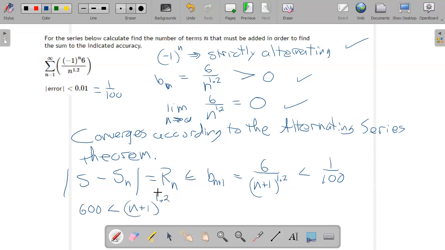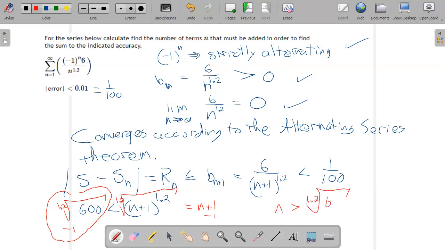If I take the 1.2th root of each side, then I have just n plus 1, and then I can subtract the 1 over to the other side. So n should be greater than the 1.2th root of 600, minus 1.